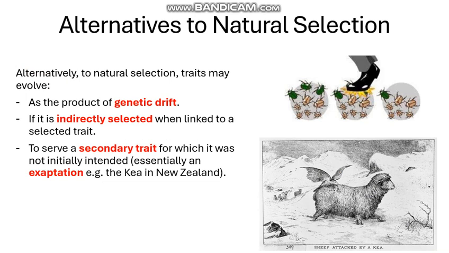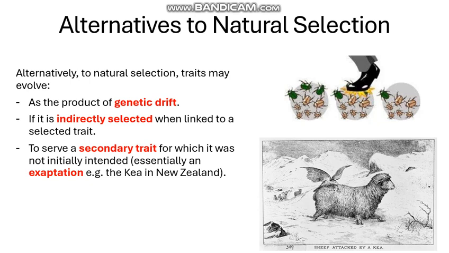Or a trait may serve a secondary trait, so a trait may evolve as a secondary trait for which it was not initially intended. For example, the kea in New Zealand evolved its beak for eating whatever small, I don't know what kea eats, mammals, birds, nuts. They're certainly not supposed to eat sheep.